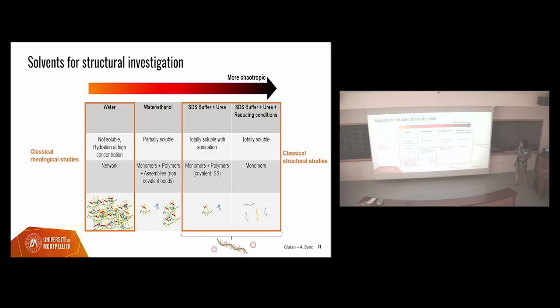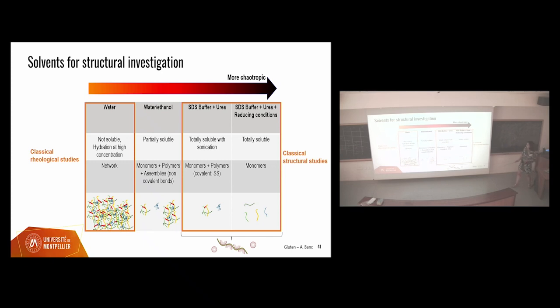So all structural studies at that time were performed in the dilute regime using surfactant, from which we can expect the formation of complexes between protein and surfactant, which is not really relevant compared to the gluten in water.